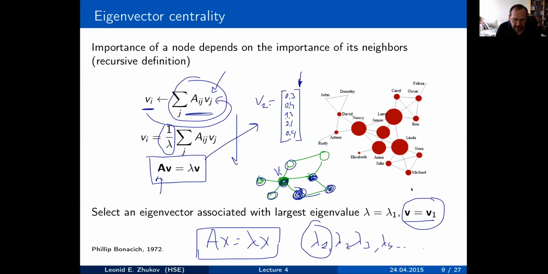And in this picture, I'm showing you a little social network with the size of the nodes proportional to their eigenvector centrality. And that's the key differentiator here. A node will have high eigenvector centrality if it is connected to nodes with high centrality.